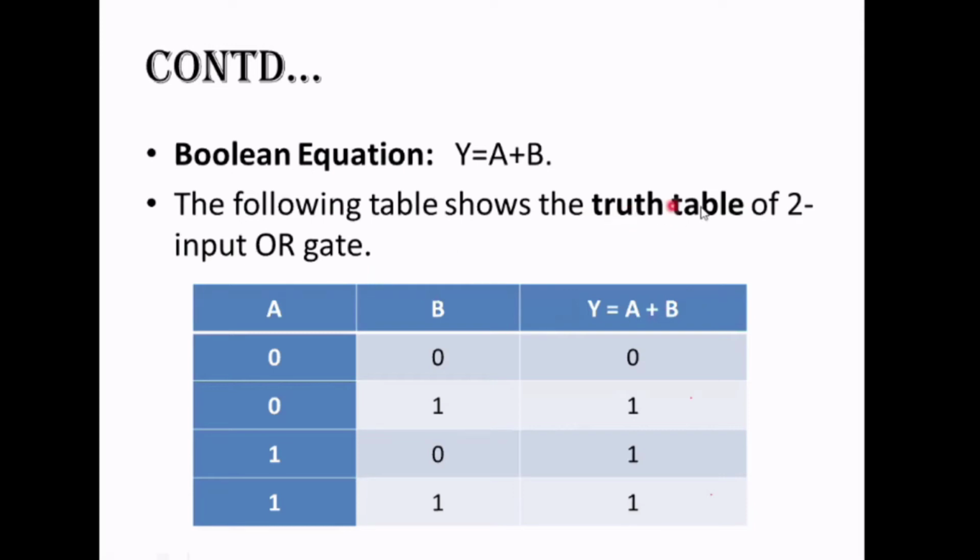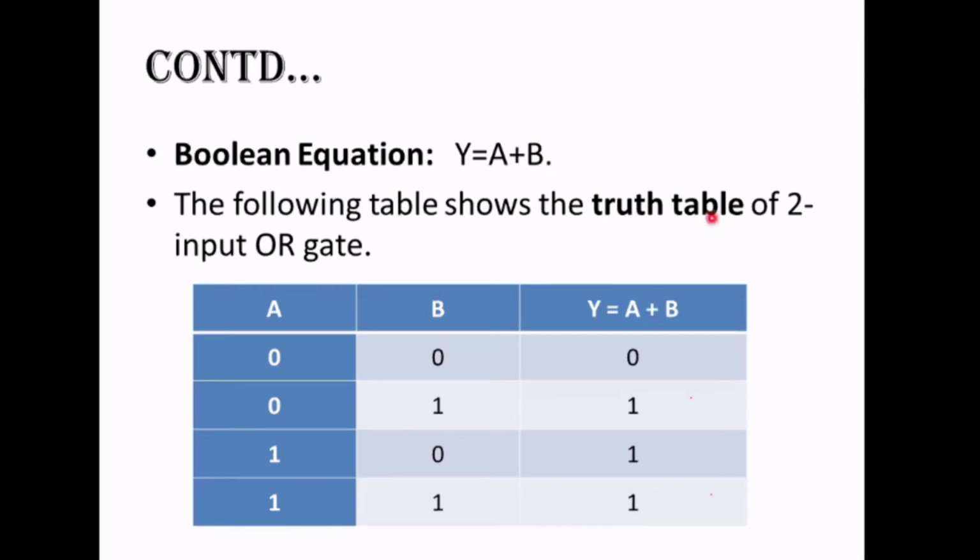Now, before understanding the truth table for the logical OR gate, let us understand the logic for the logical OR gate. The logical OR gate is given by the logic that whenever we have any input high, the output will be high.